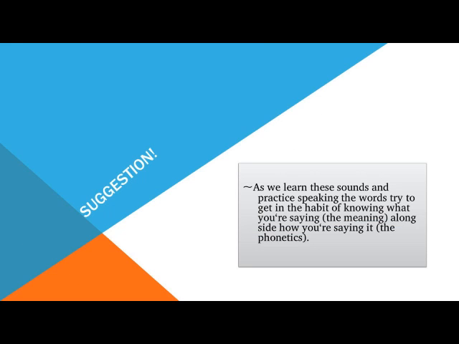So before we go on to some examples of words that contain the sound E, I have a little suggestion. As we learn these sounds and are practicing speaking these words, try to get in the habit of knowing what you're saying alongside how you're saying it. So know the meaning of the word as well as the phonetics or the IPA for it.